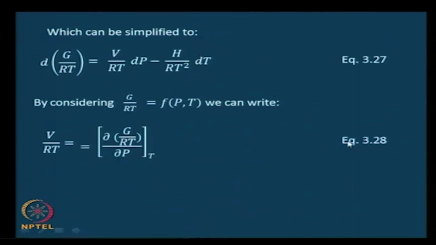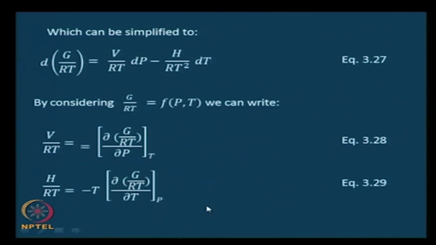We will call this equation 328, and H by RT equals minus T times the partial derivative of G by RT with respect to T at constant P. We will call this equation 329.